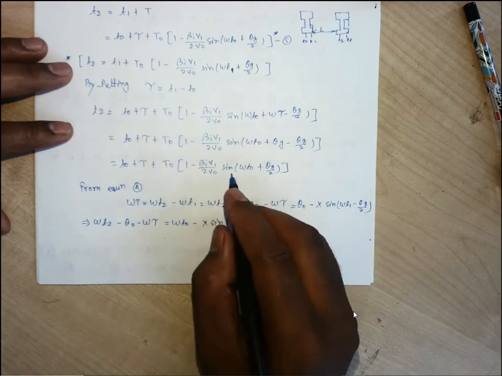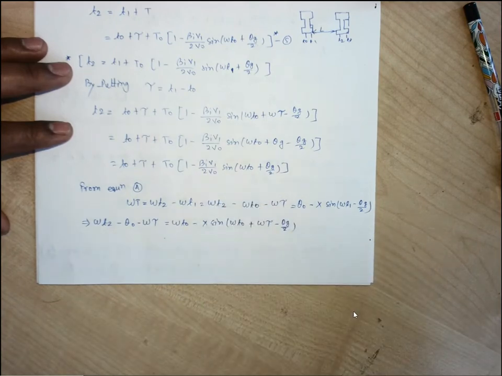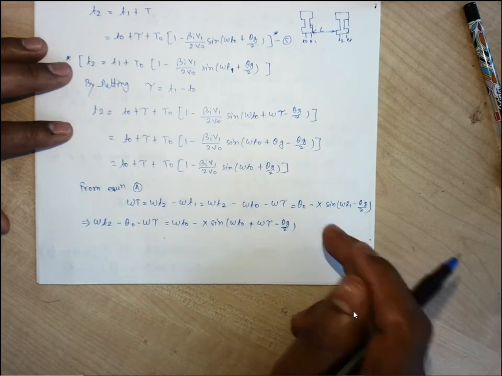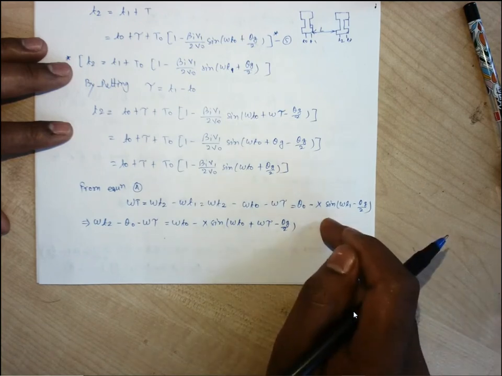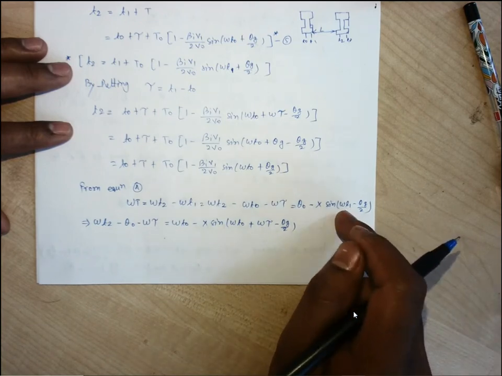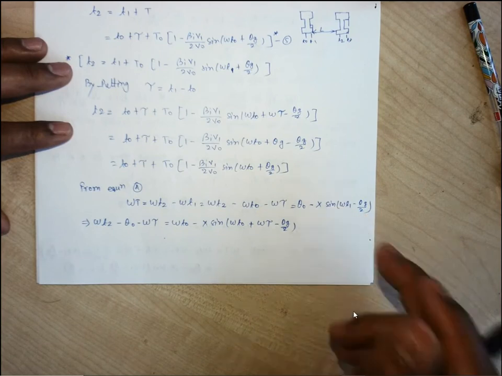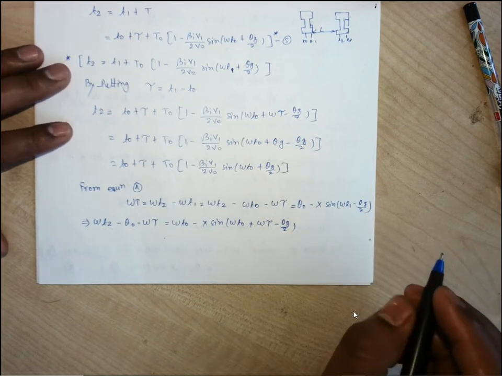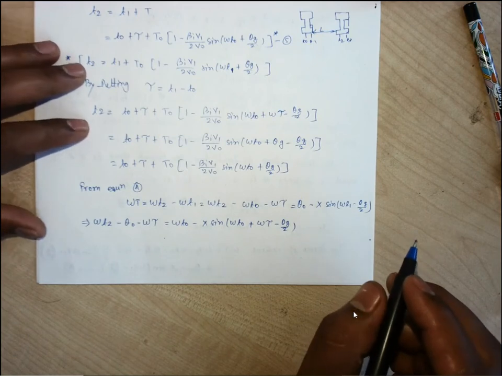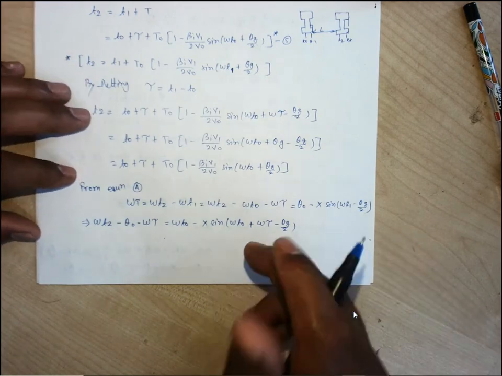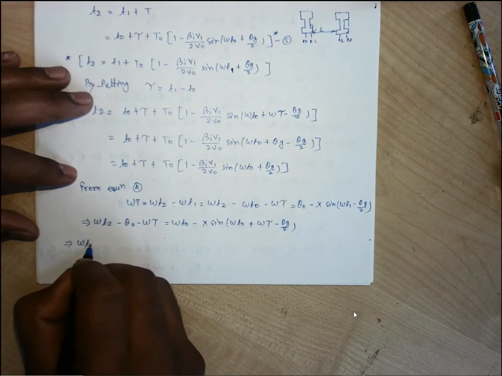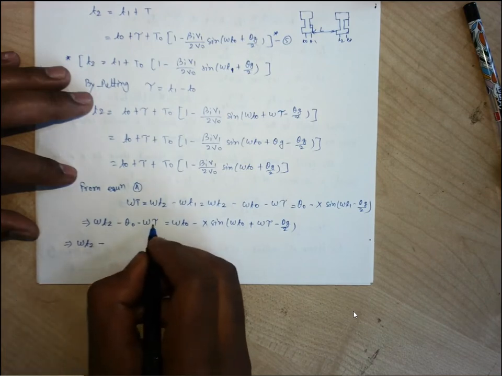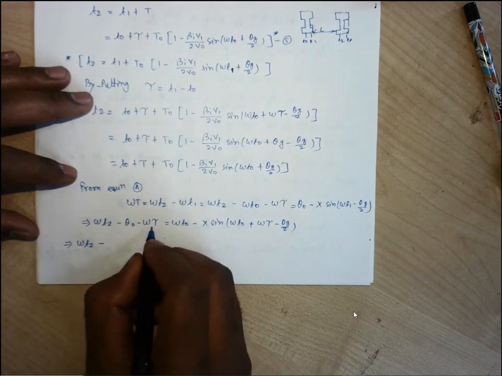We are using this value: omega t1 is written as t naught plus tau minus theta g by 2. So substituting theta g is equal to omega tau, we get omega t2 minus omega tau, where this omega tau is equal to theta g.